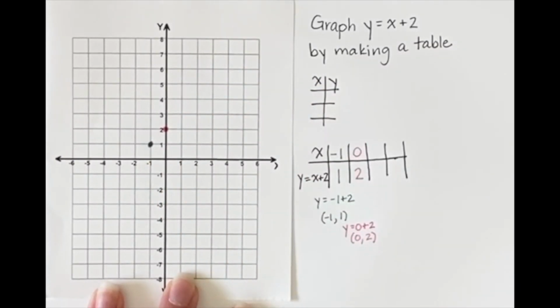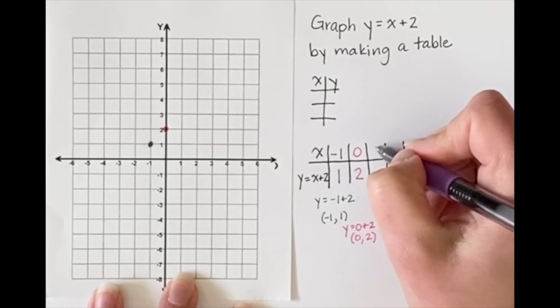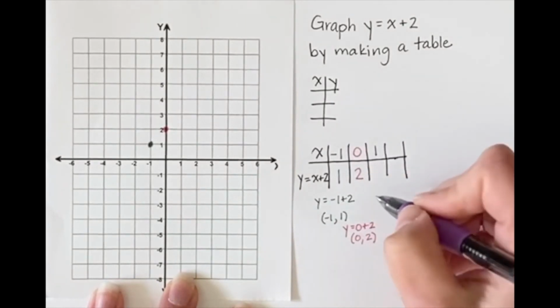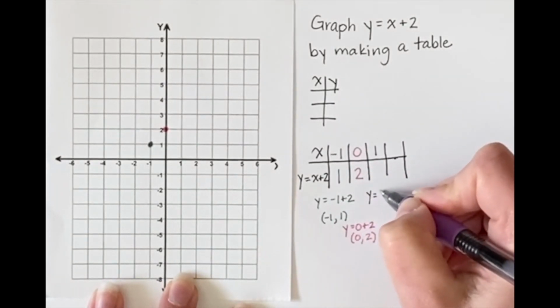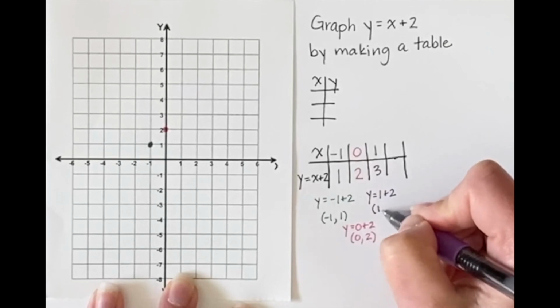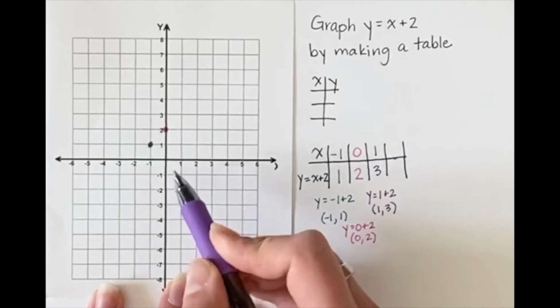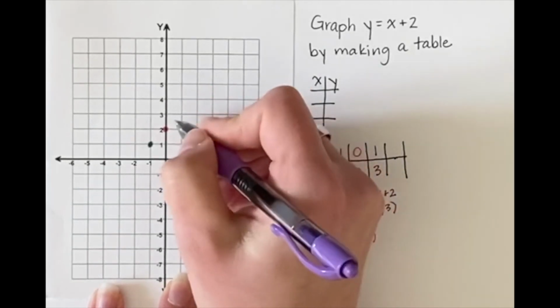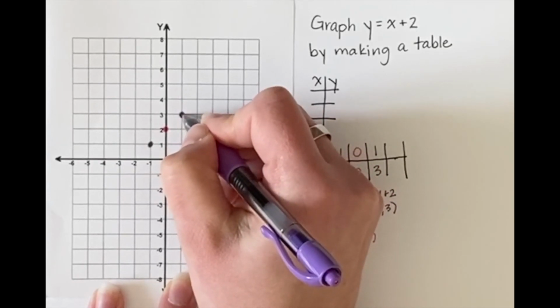Okay, let's do another one. What if x is 1? So now I'm looking at y is equal to 1 plus 2. 1 plus 2 is 3. So now I have the ordered pair of 1, comma 3. I'm going to go right 1 and then up 3.